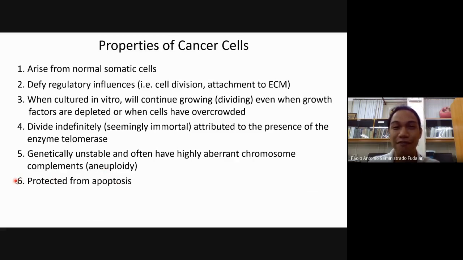They are protected from natural cell death, and they depend on glycolysis instead of cellular respiration for a majority of their ATP production. So that's a thing to remember about cancer cells. They prefer glycolysis instead of cellular respiration.